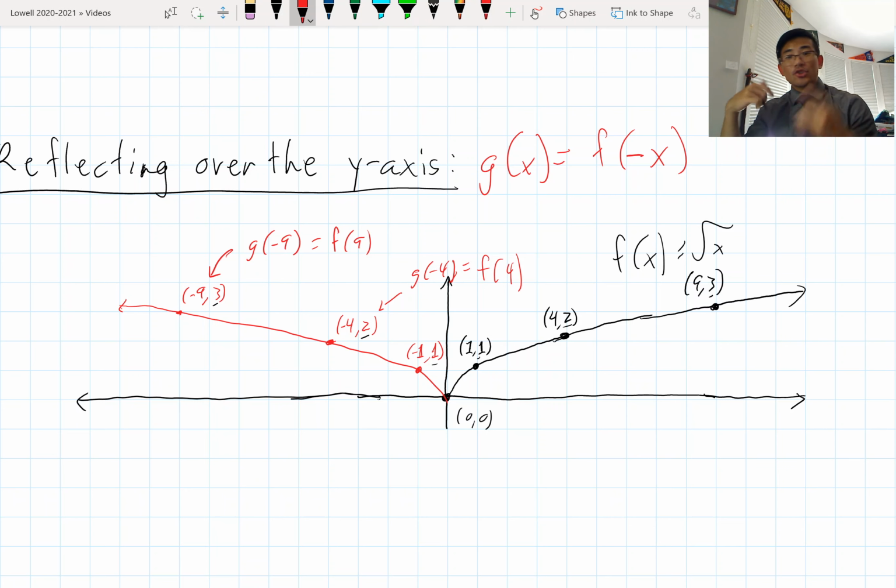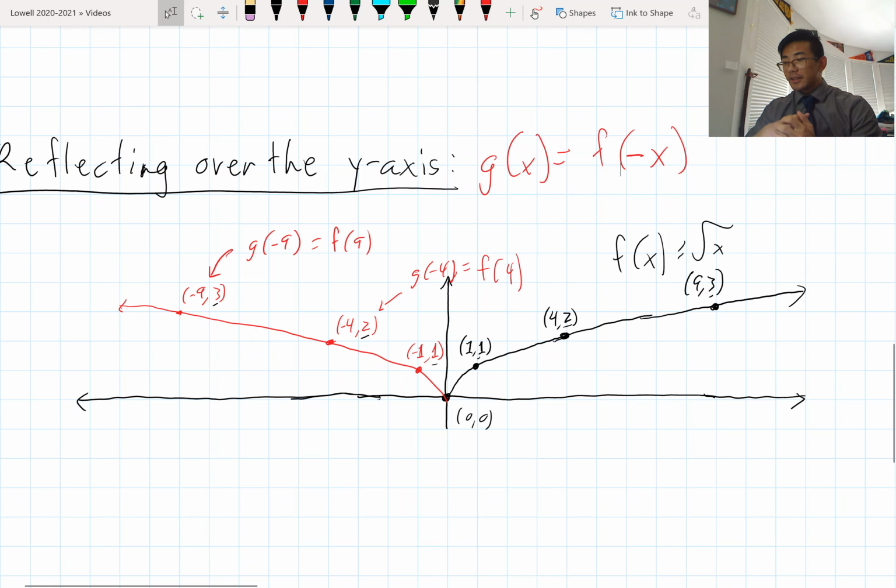So again, you're tricking the function into thinking, hey, I'm plugging in whatever the original value was. So when I plug negative 9 into g, it's as if you're plugging negative negative 9, which is positive 9, into f, and I'm like, oh, what's the square root of 9? It's 3, and that's why this function comes out to 3.